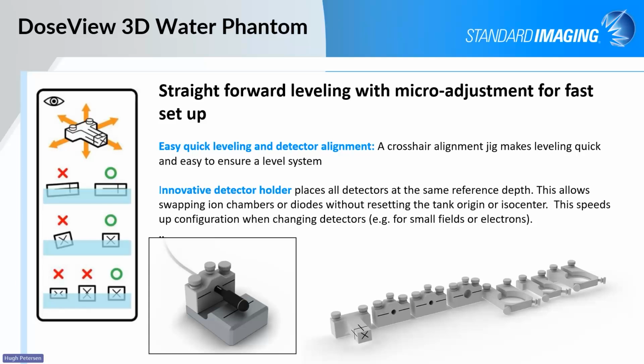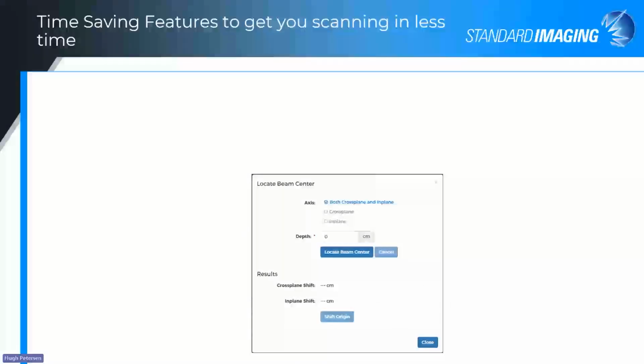You can see there's also chamber holders for parallel plate chambers. So if you're using a Markus chamber or a Roos chamber or any of our parallel plate chambers as well, those are all included in the package. Like I said, it's a turnkey package, so there are no hidden fees or hidden costs beyond what you initially invest in the system.